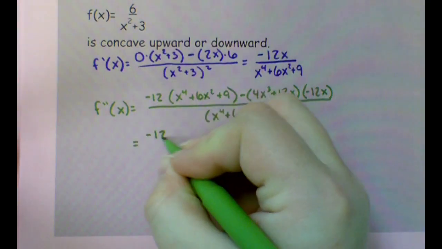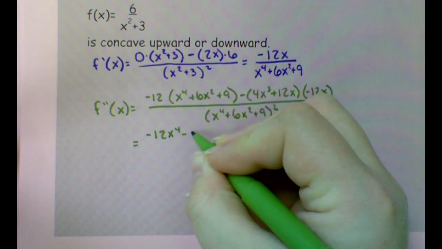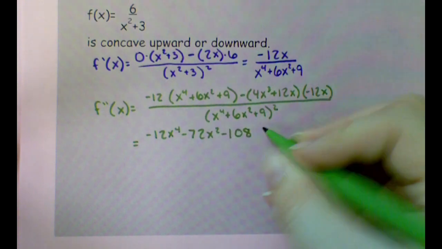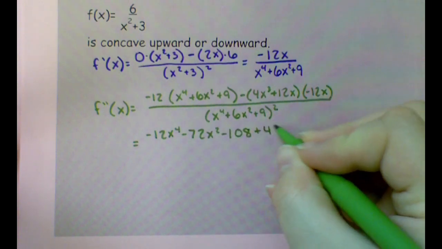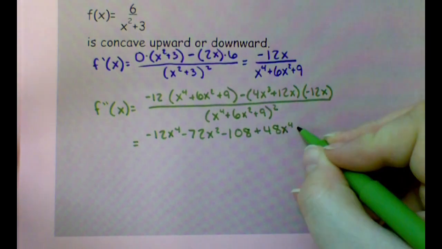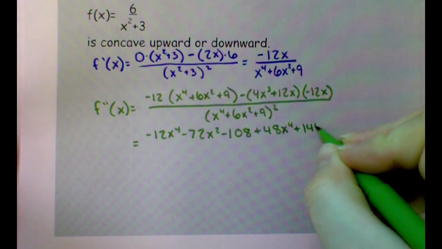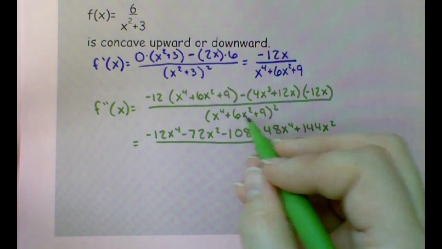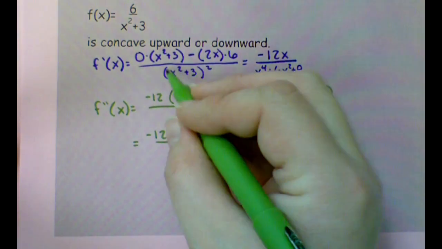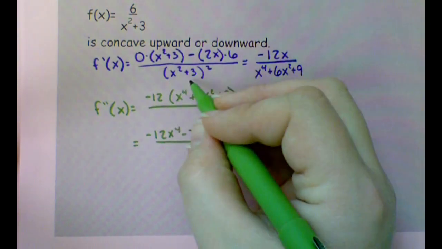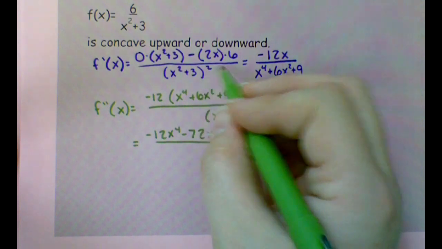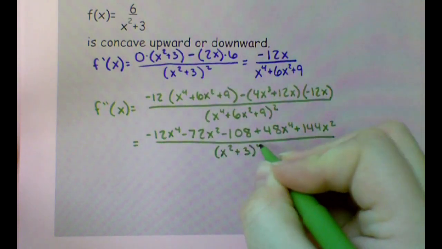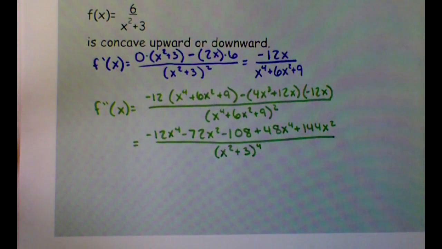So I need to distribute and do some stuff with this to simplify it. I get negative 12x to the 4th power minus 72x squared minus 108 plus 48x to the 4th power plus 144x squared, all over. And I'm going to rewrite this denominator, but I'm going to go back to what it was before, x squared plus 3 squared, then square that again, which makes it x squared plus 3 to the 4th power, just because that's easier to work with at this point in time.